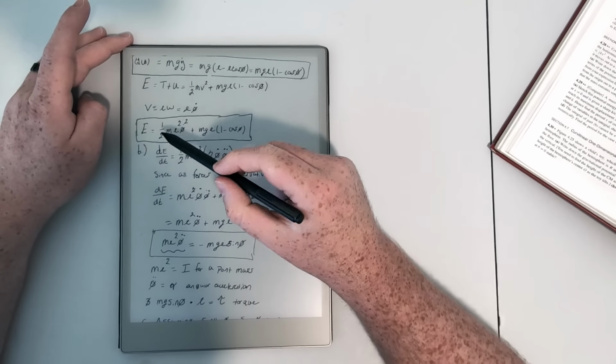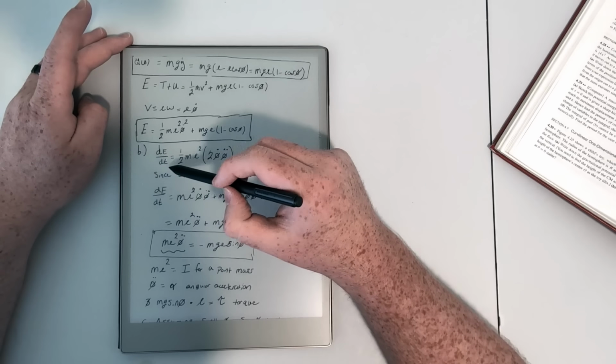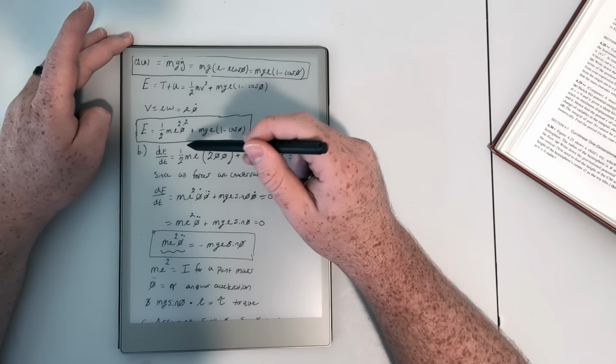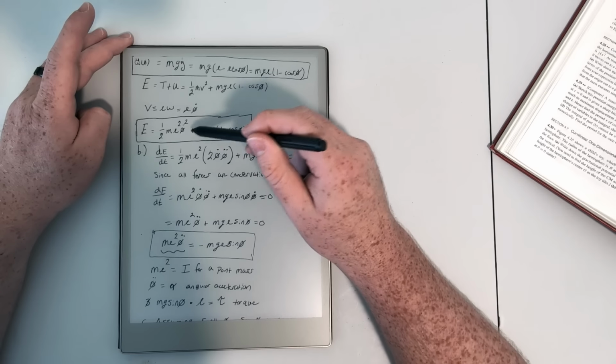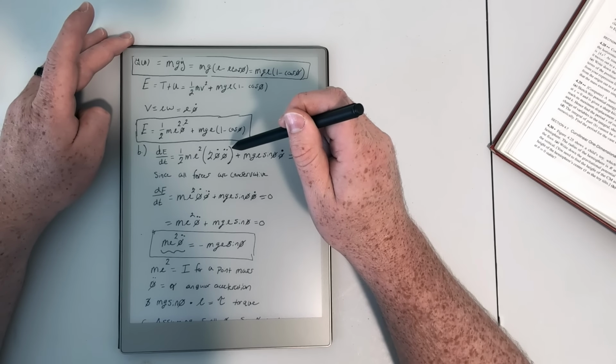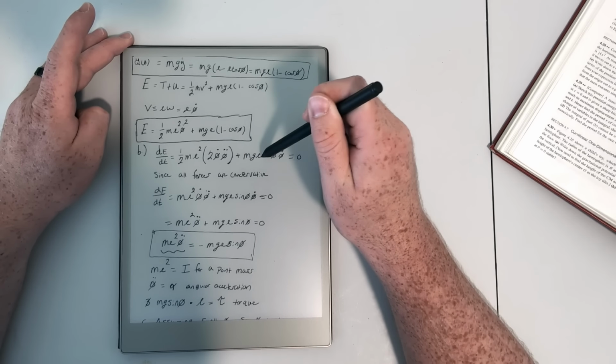Then for part B, we can take the derivative of the energy with respect to time and get 1/2 mL squared. We get 2 phi dot, and then we have to take the chain rule, so we get phi double dot. Then we get plus mgL.